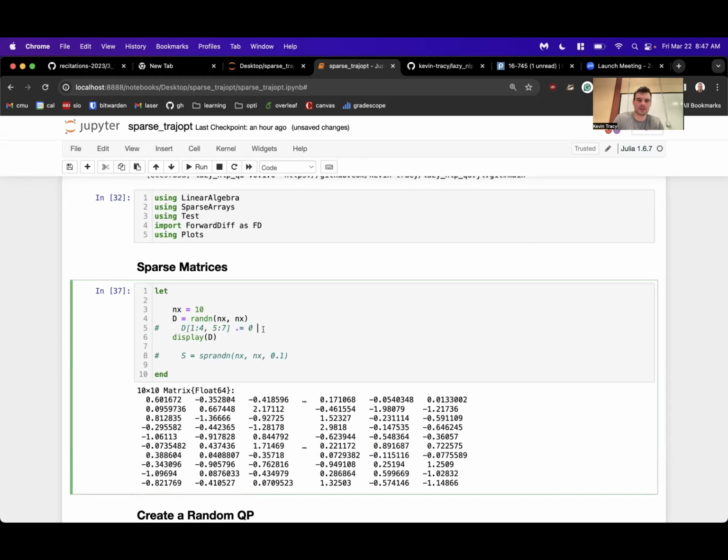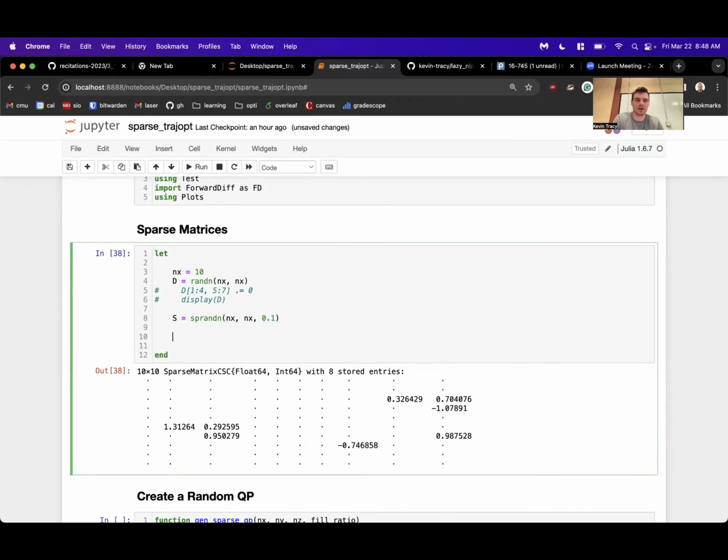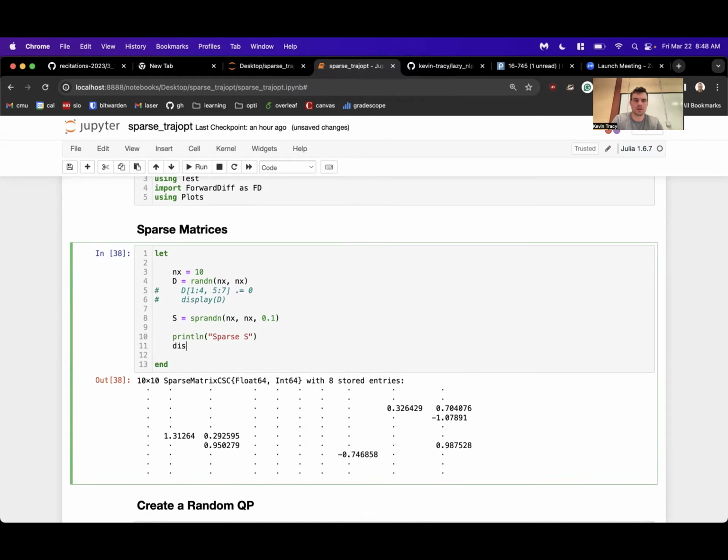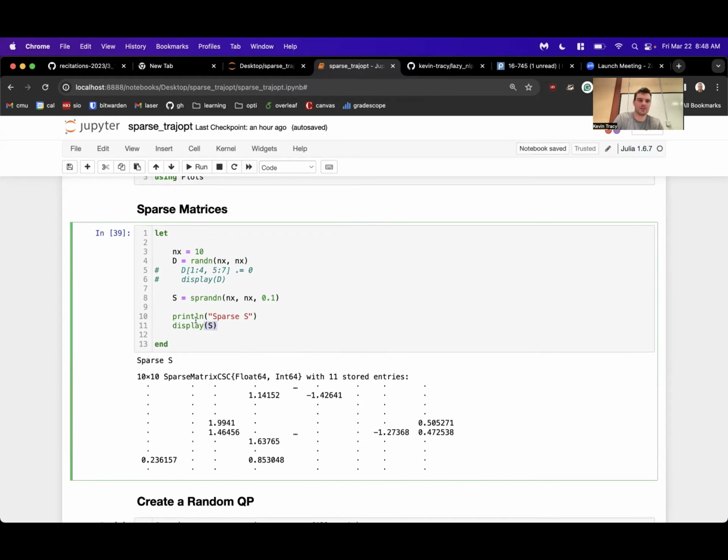Now I can say, here's a sparse matrix, and I can specify a fill ratio of 0.1. Here's what this looks like. Now all the zeros are just not even there.